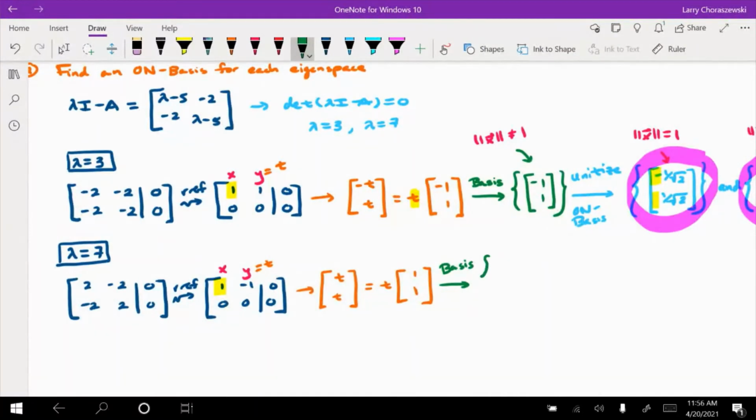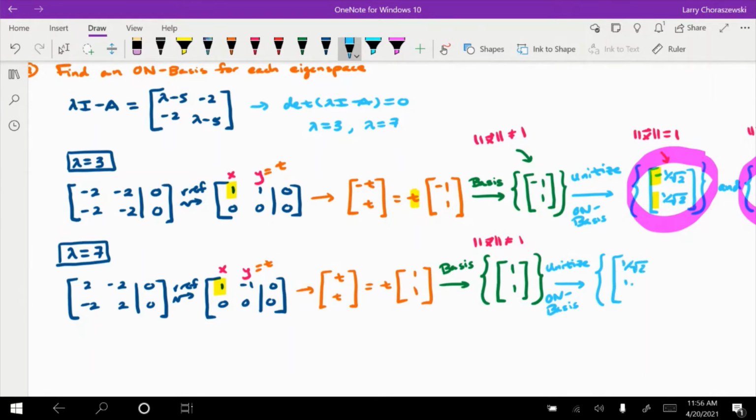And so a basis vector for this eigenspace is 1, 1, but unfortunately it's a basis vector with a norm that is not equal to 1. So we proceed to form an orthonormal basis by unitizing this, which amounts to taking each entry and dividing it by radical 2.